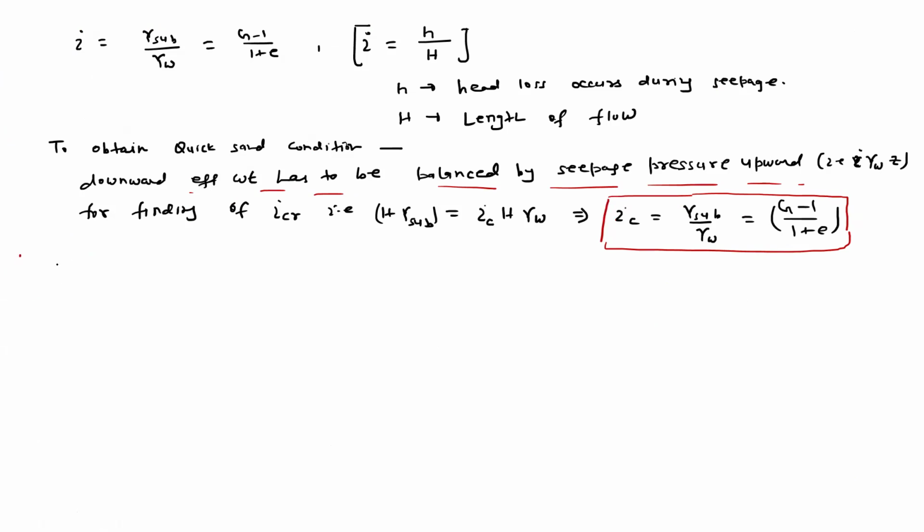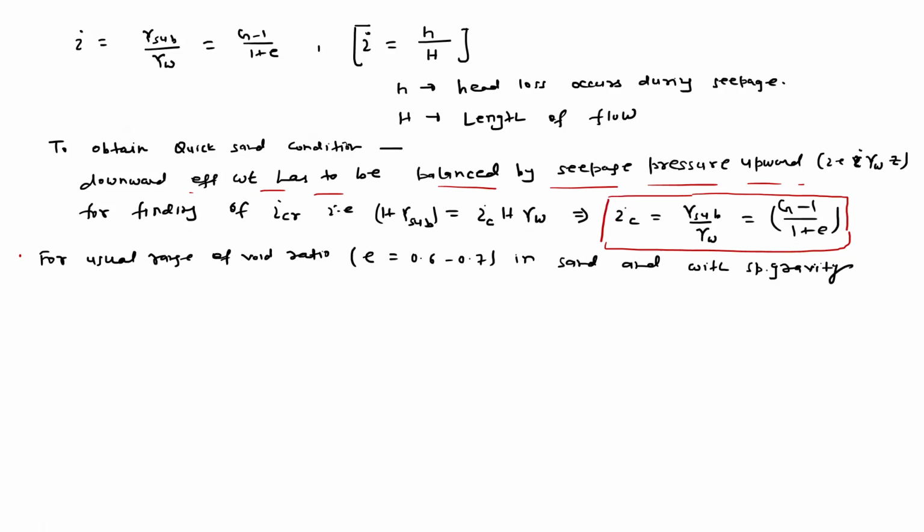Next point is, for the usual range of void ratio, that is e from 0.6 to 0.7 in sand, and with a specific gravity of Gs equal to 2.65, ICR will be approximately equal to 1.